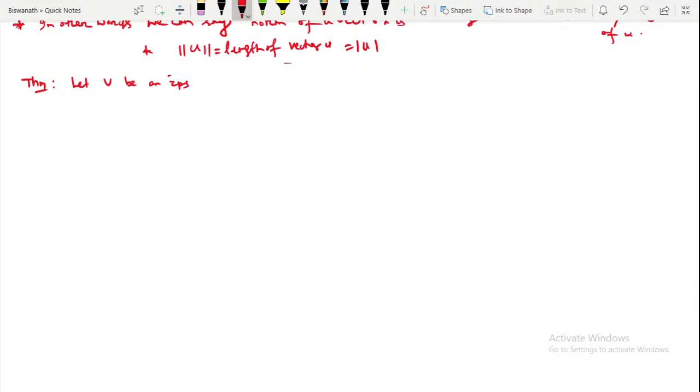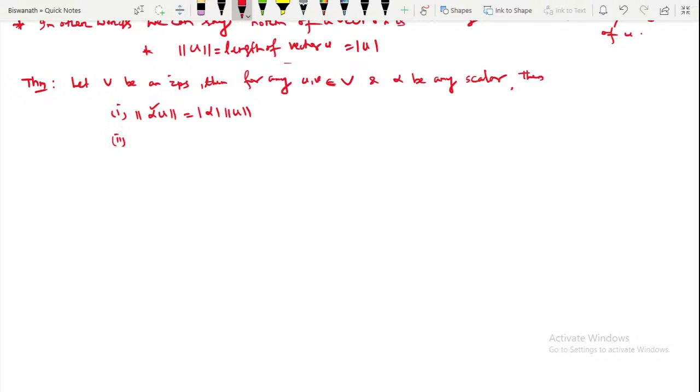Then for any arbitrary vectors u, v belonging to V, and alpha any scalar, we will show that the norm of alpha u equals mod alpha times norm u. Alpha is a scalar.